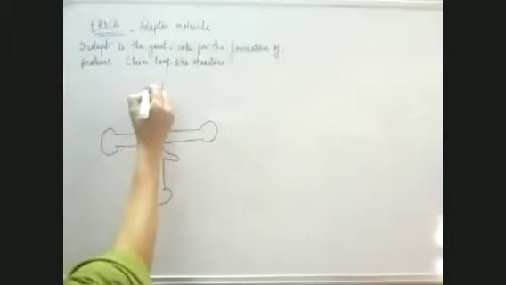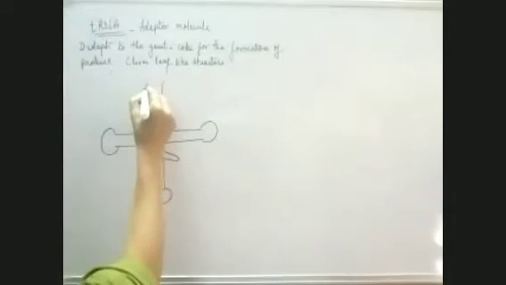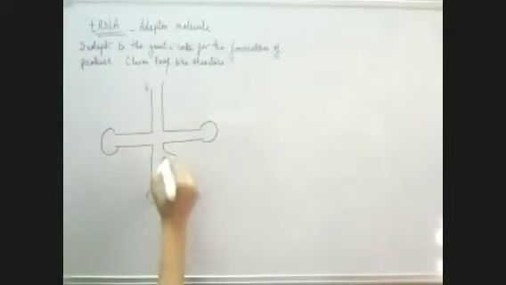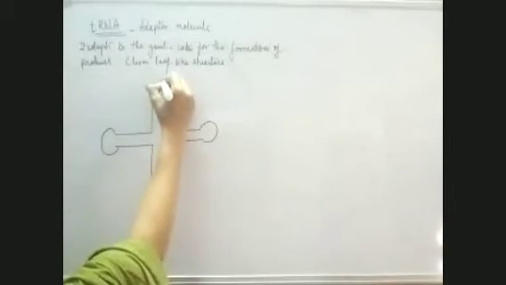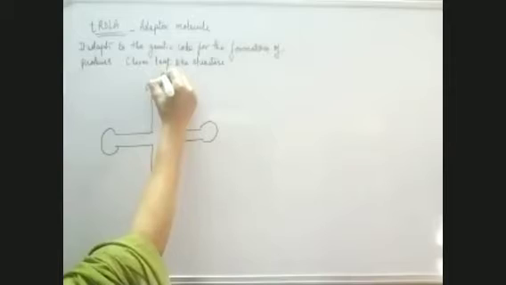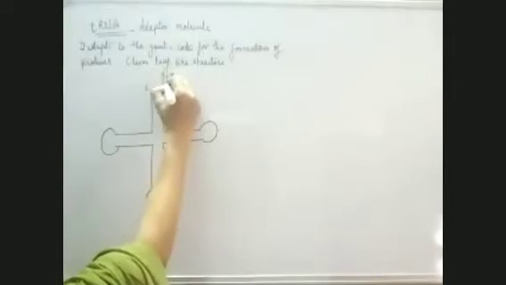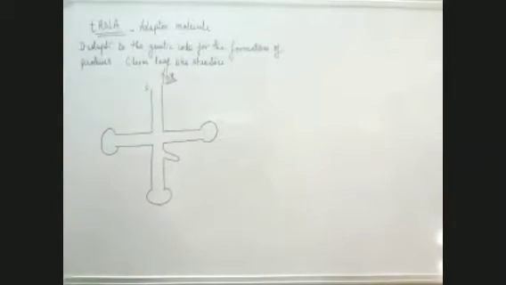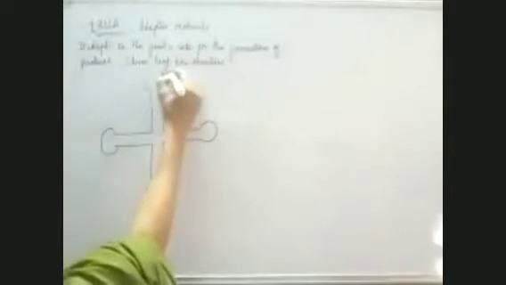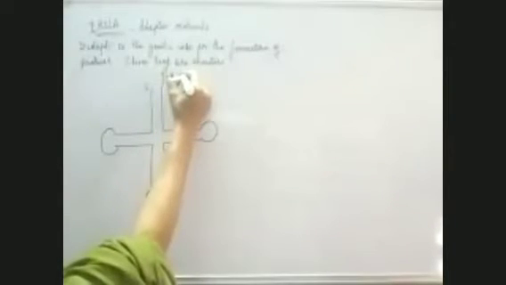This is 5 prime and it goes like this, like this, like this, like this, and ends in 3 prime. And this 3 prime has an OH, and this is the functional group which is present on the 3 prime end. And here the transfer RNA containing the amino acid attaches.